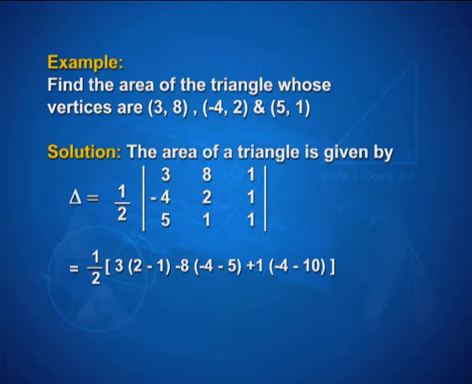This again can be written as half of 3 plus 72 minus 14, that is equal to 61 upon 2 square units.